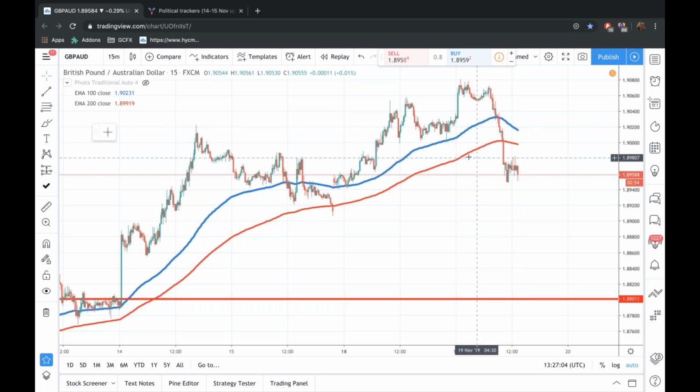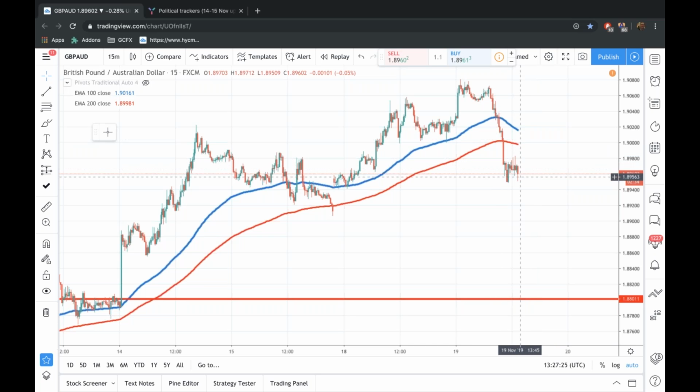So I was looking for buyers around this level here, and I'm expecting stops down here. So you can see that I'm just hovering from the level I'm expecting stops. Obviously, if price retraces back down through there, that would be my cue to exit.